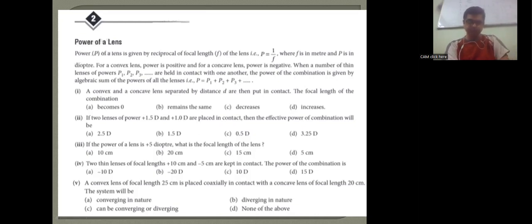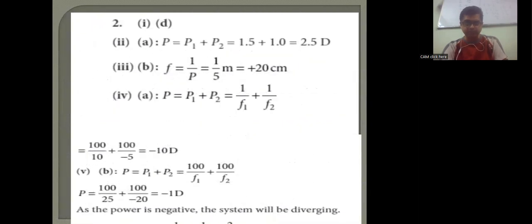Now student, come to first one. A convex and a concave lens. But a convex lens की focal length positive होती है, concave lens focal length negative होती है, are separated by distance d and are then put in contact. The focal length of the combination will be.